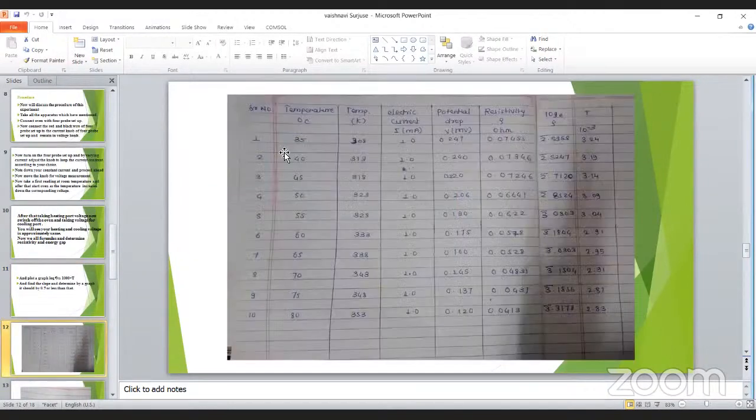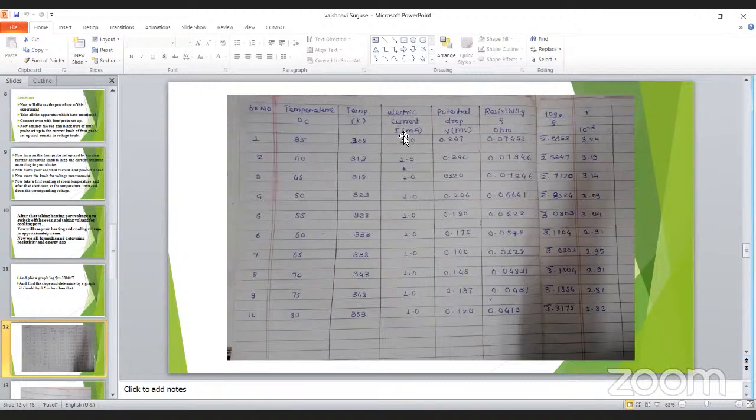This is my observation table, which we have already given in a video, with the link provided. This is the temperature at 35 degrees Celsius, and also the temperature in Kelvin, converted from degrees Celsius to Kelvin. For electric current, I have taken 1 milliampere.